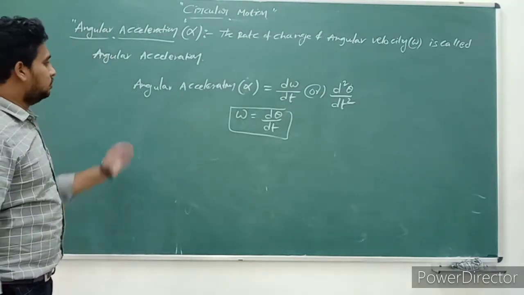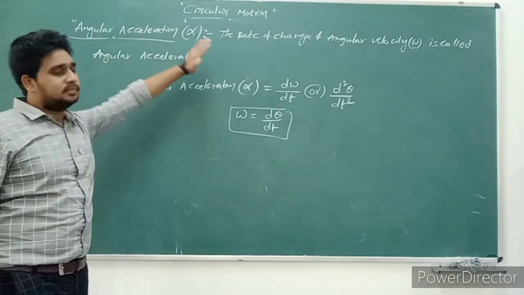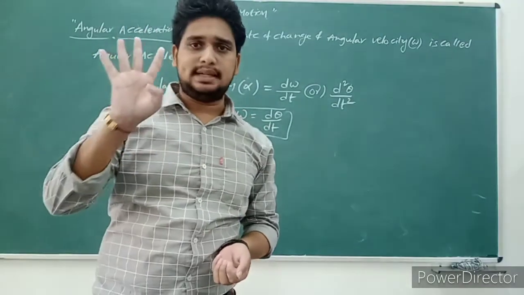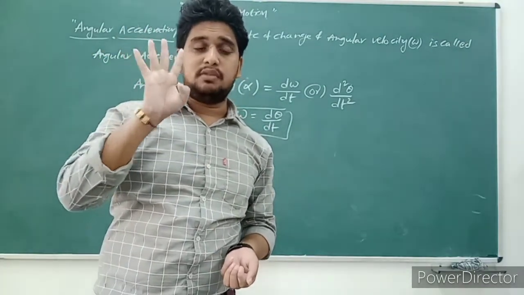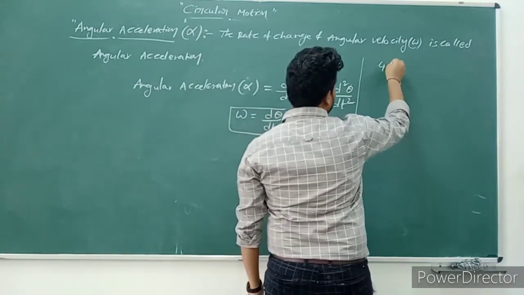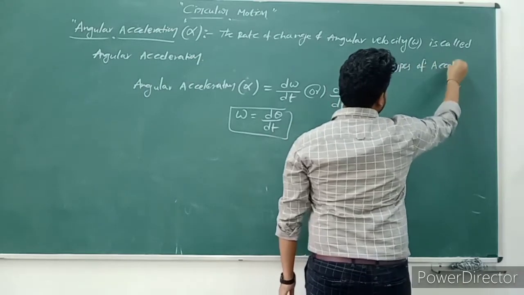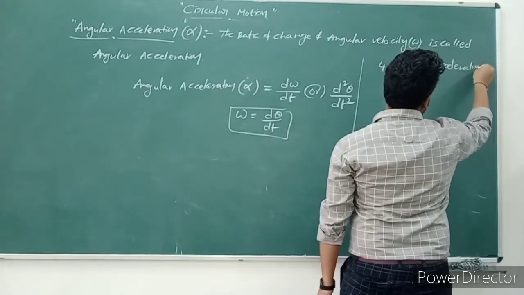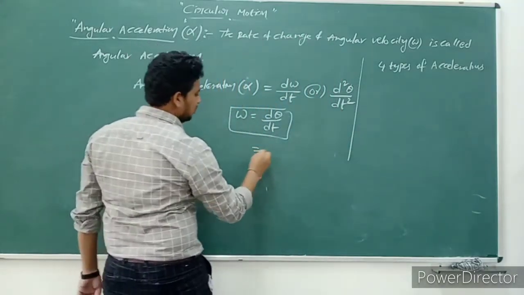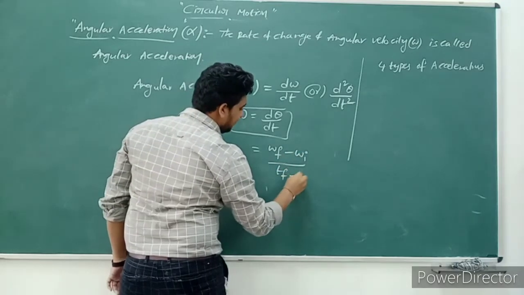In circular motion we have four types of accelerations. What is the meaning of d omega by dt? It means omega f minus omega i by tf minus ti.